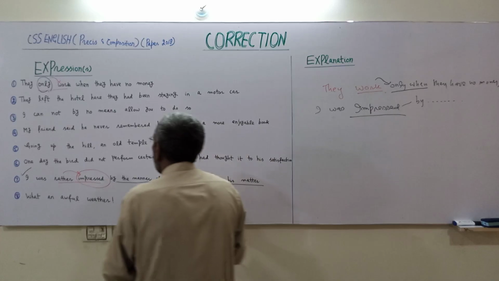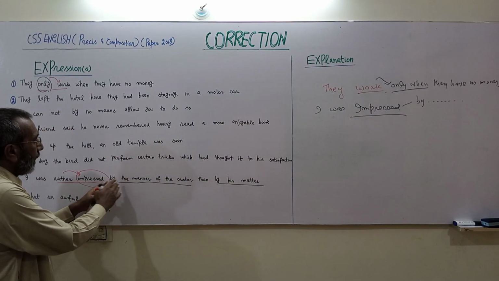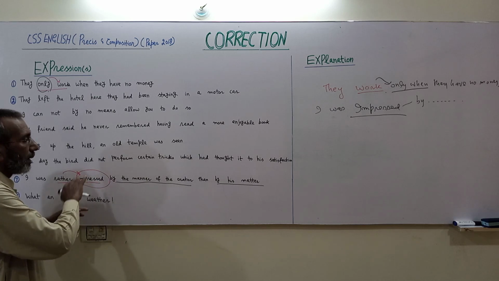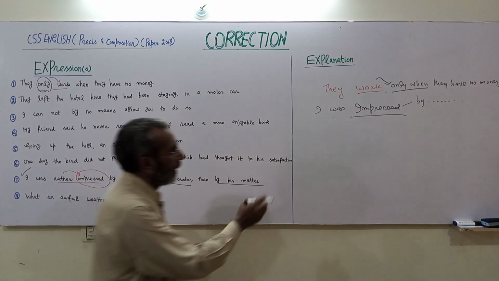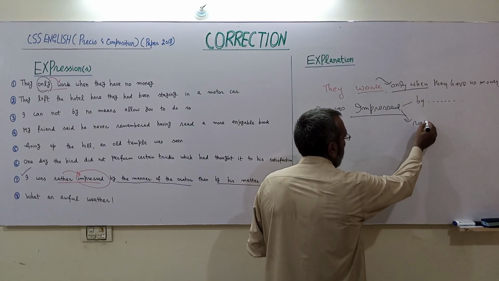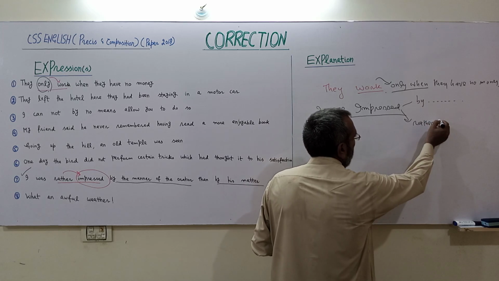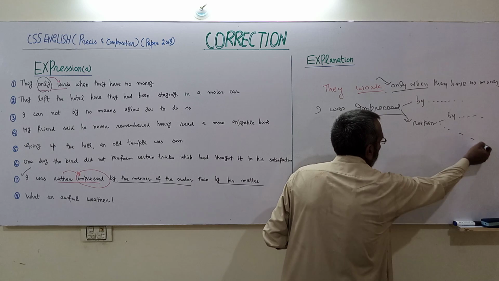I was impressed by this thing. I was impressed, and then change that by what? I was impressed, and bring "rather" after that. I was impressed, then rather, and then you change that rather by this thing, then this thing.